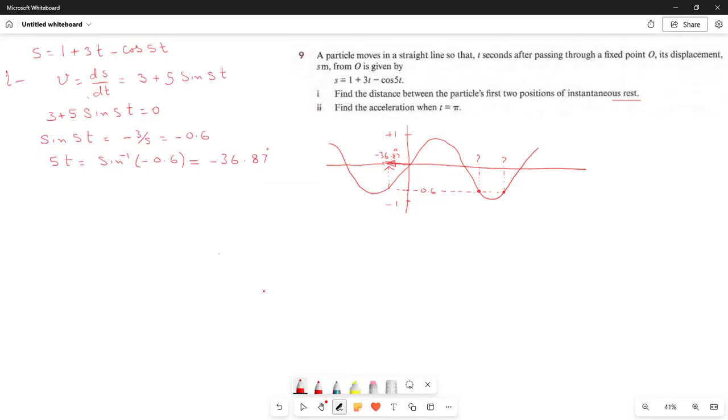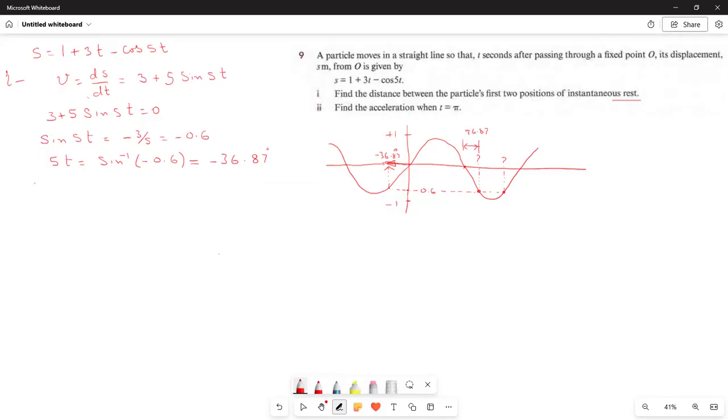In the same way, from here till here, this distance is 36.87. From here you can see this is 180 degrees, so I have to add this value to 180.